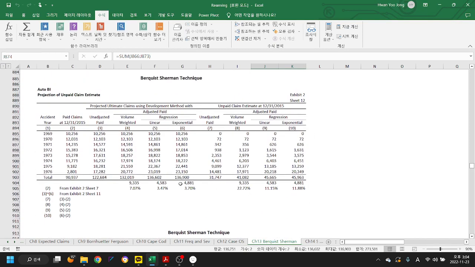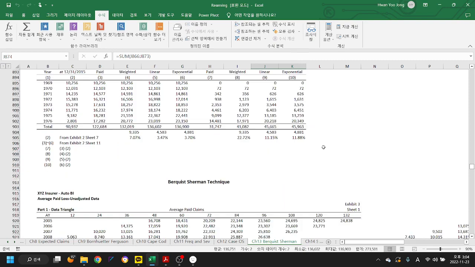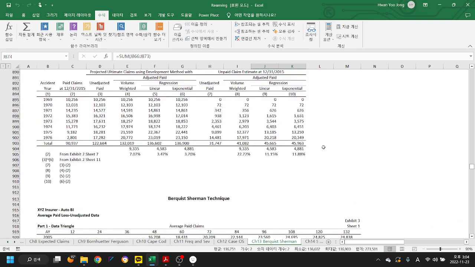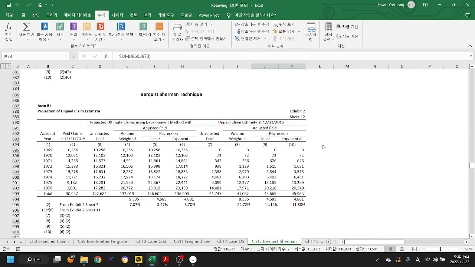And this is another summary based on ultimate and how much is for the future claim estimate, which is the case outstanding plus IBNR, right? Okay, this is what I can finish today's video. So this is a little bit more complicated than the case outstanding adjustment.